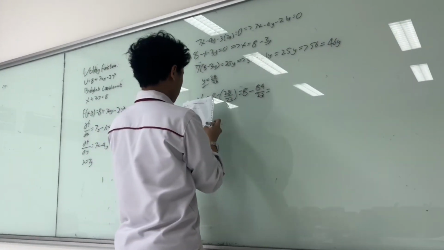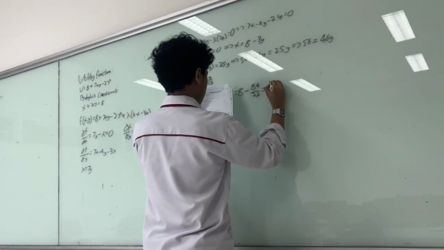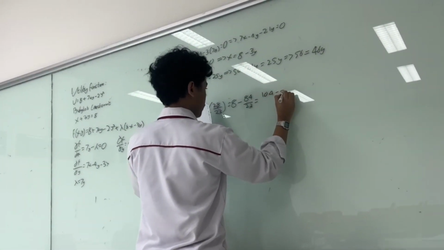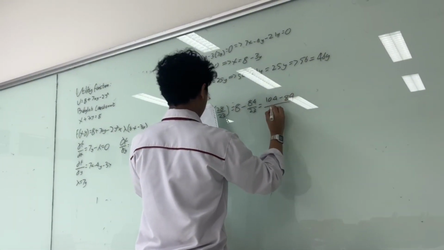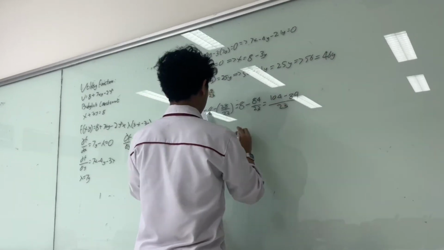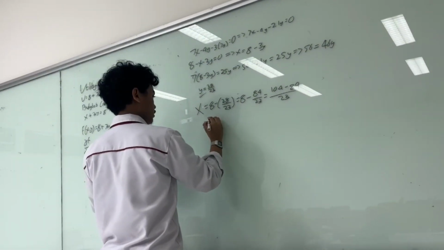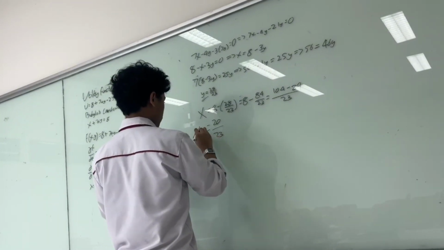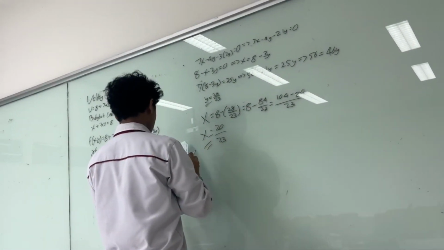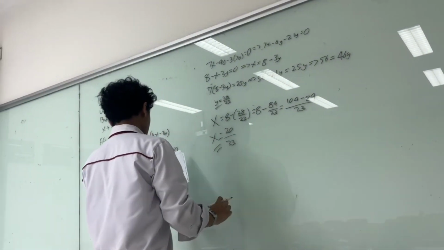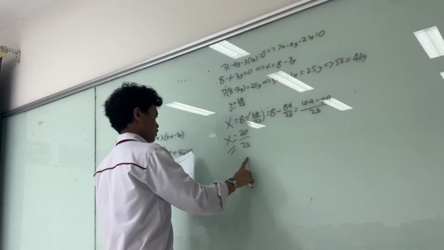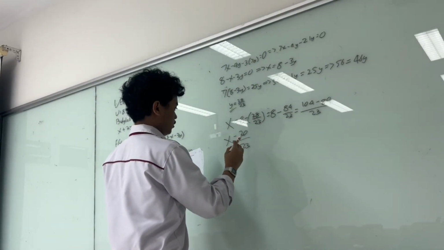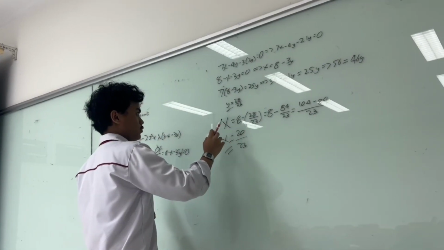So it equals 184 minus 84 over 23. So the answer is 100 over 23. This is for the x. So the final answer is x is 100 over 23 and y is 28 over 23.